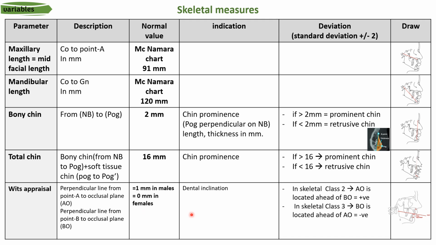If the patient is skeletal class 2, the AO line will be located ahead of the BO line, and the width appraisal value will be positive. On the other side, in class 3 patients, the BO point will be located ahead of the AO line, and the width appraisal value will be negative.